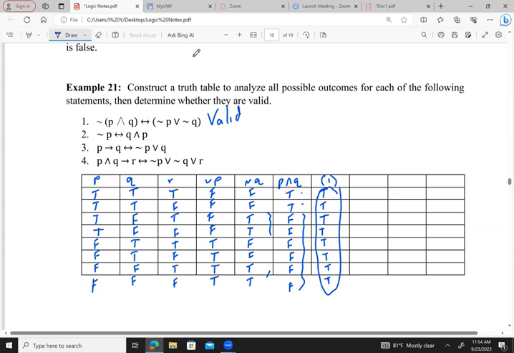So now I'm looking at not P if and only if Q and P. So if not P is true, P and Q cannot be false. I'm looking at these four here, where it's true, it seems that P and not Q is false for all of them. So that means we're looking at, and this is number two.